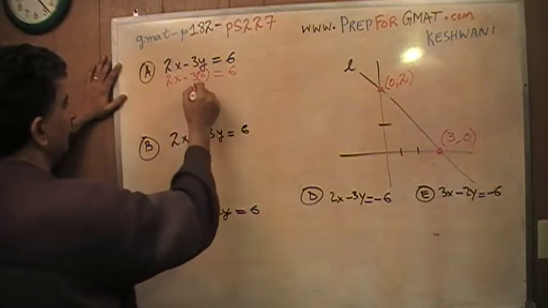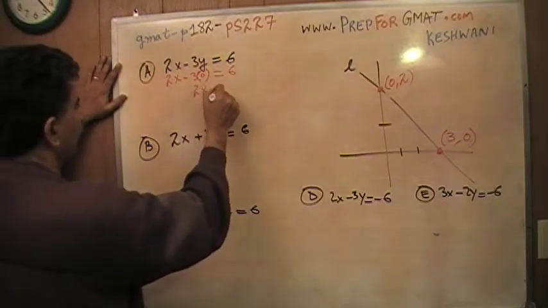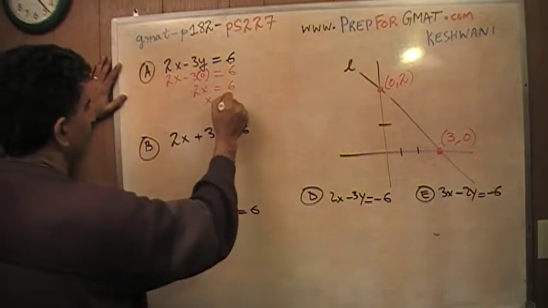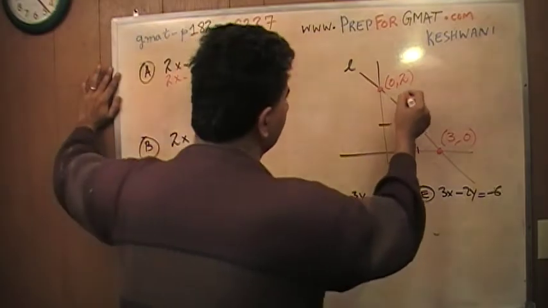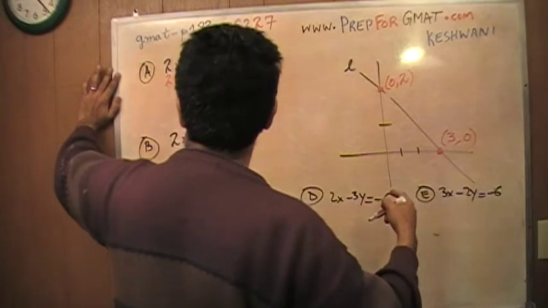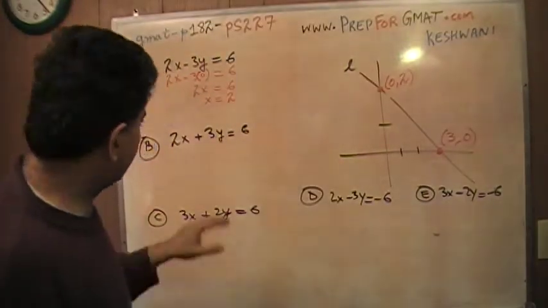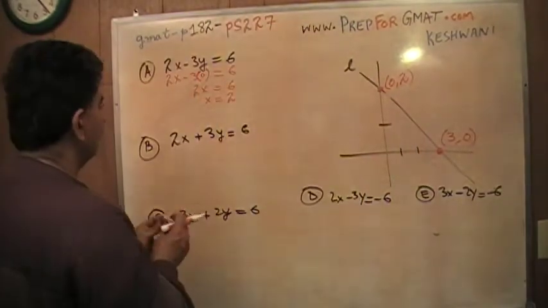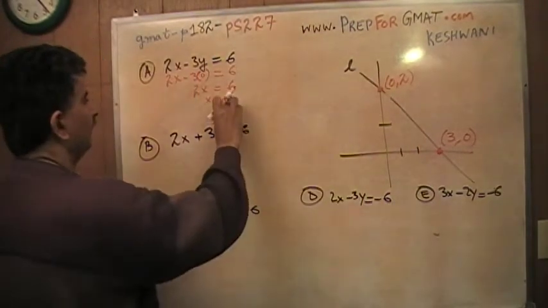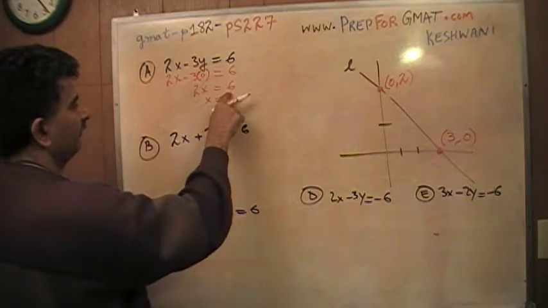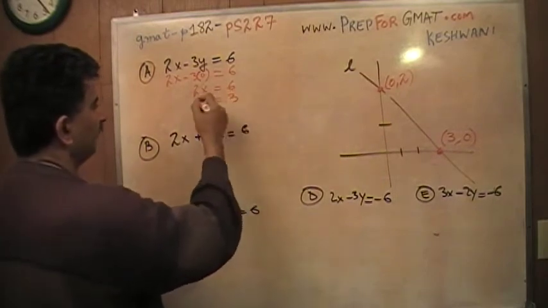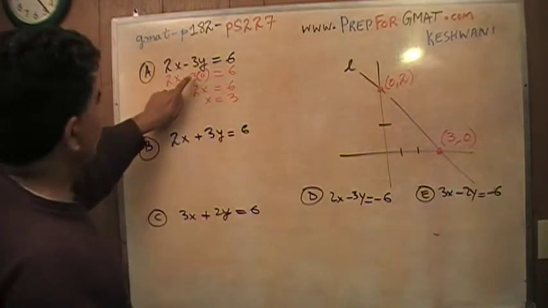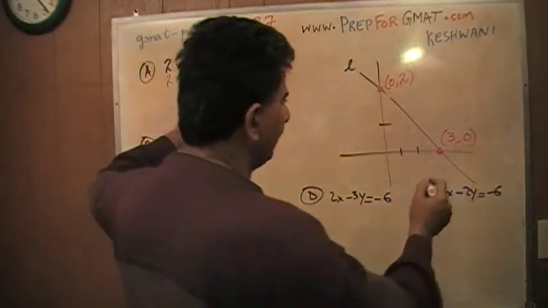So this tells me that 2x equals 6. I made a mistake. 2x equals 6, therefore x has to equal 3, because you divide both sides by 2. When y is 0, x has to be 3, and that's what we have here.